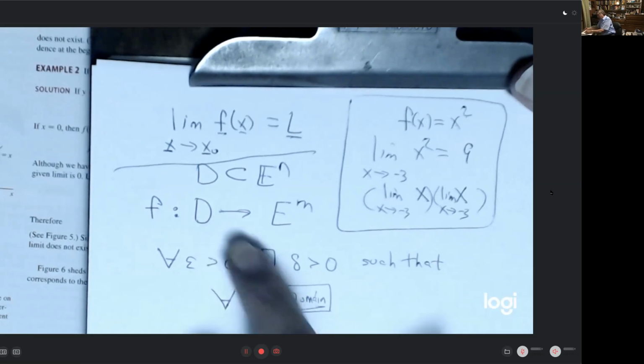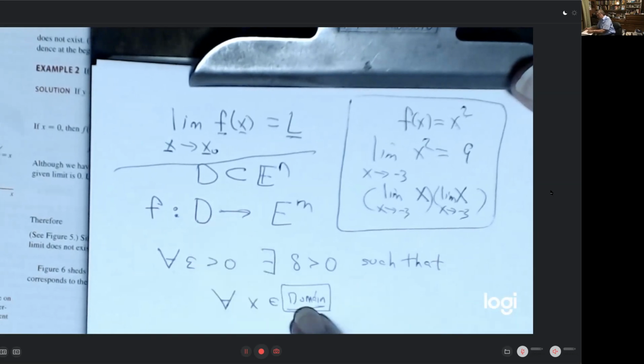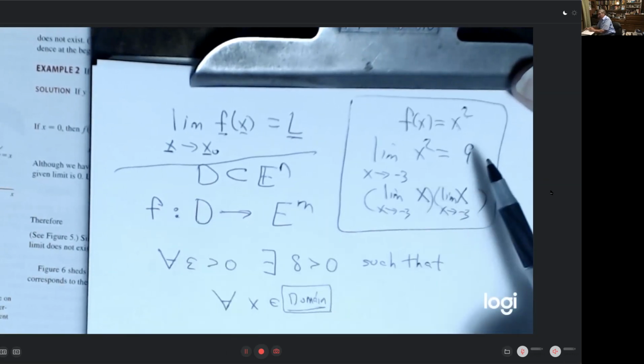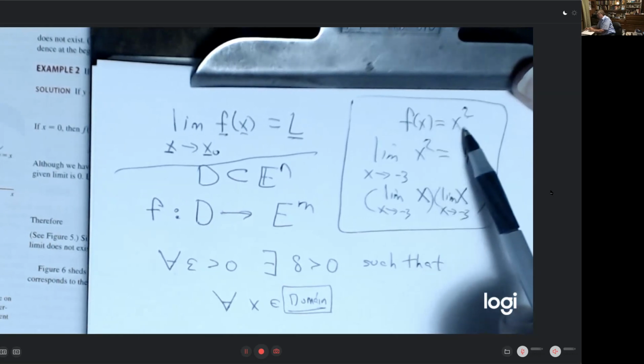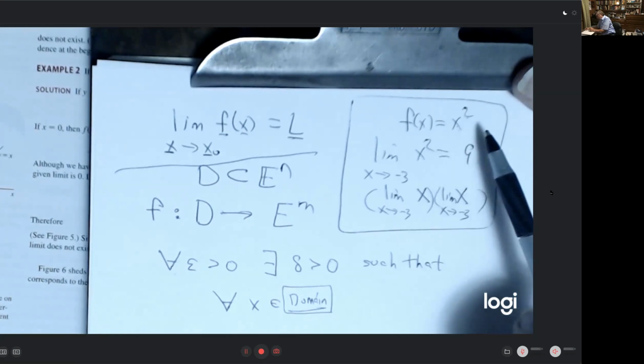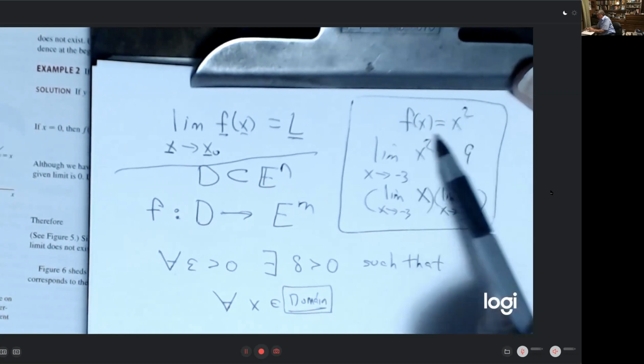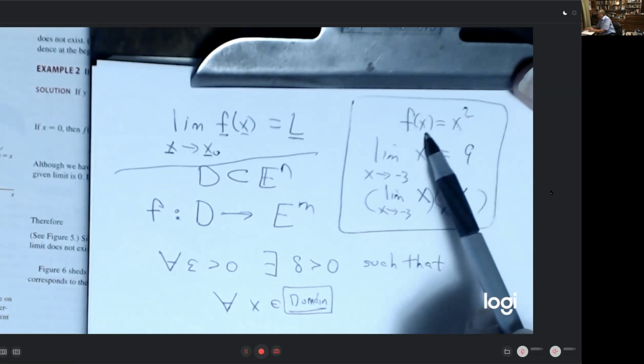So now that I know what the domain is, what am I asking? I'm taking an x in this set. Now, back here on this thing up here, sometimes people don't write down the domain. You guys know that. That means you can use any x that makes sense. And in this particular function, if nobody tells me different, I would be assuming it makes sense for any real number.